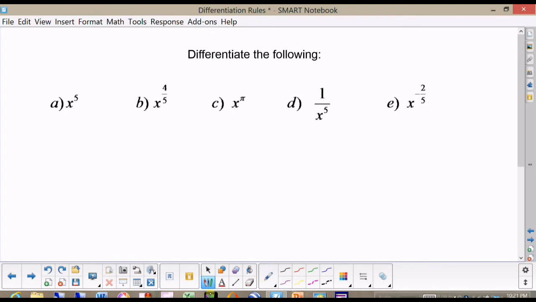Okay, if you're back now, d dx of x to the 5th is just going to be the power 5 times x to the 5 minus 1, equal to 5 x to the 4th.